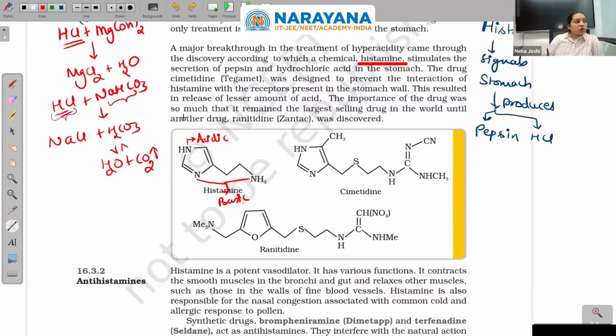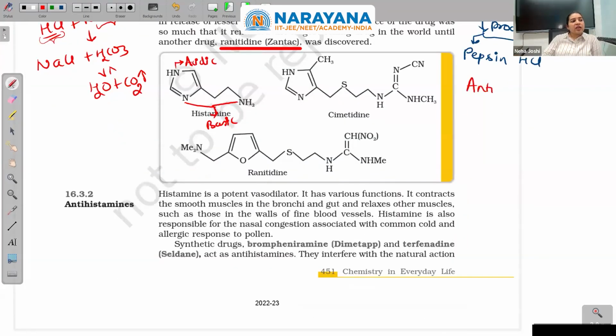The importance of the drug was so much that it remained the largest selling drug in the world until another drug, ranitidine, was discovered. First cimetidine, Tagamet, was discovered. Then ranitidine was discovered. Basically they are acting as antihistamines.